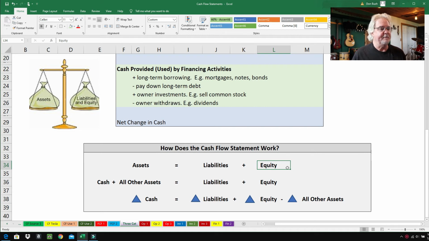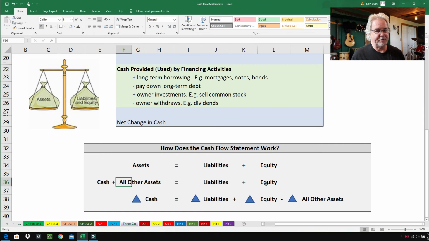This is the balance sheet equation. Now with these assets, we can divide assets up into cash and all other assets. So we're separating out the cash because we're trying to figure out why this cash flow statement works. So cash plus all other assets equals liabilities plus equity. So we still have this accounting equation intact.